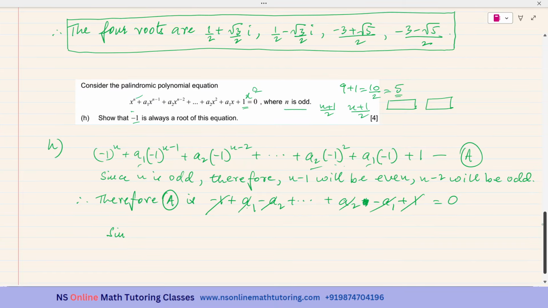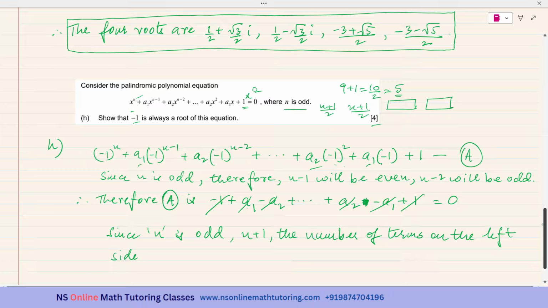Since n is odd, n plus 1, the number of terms on the left side of the equation is even.